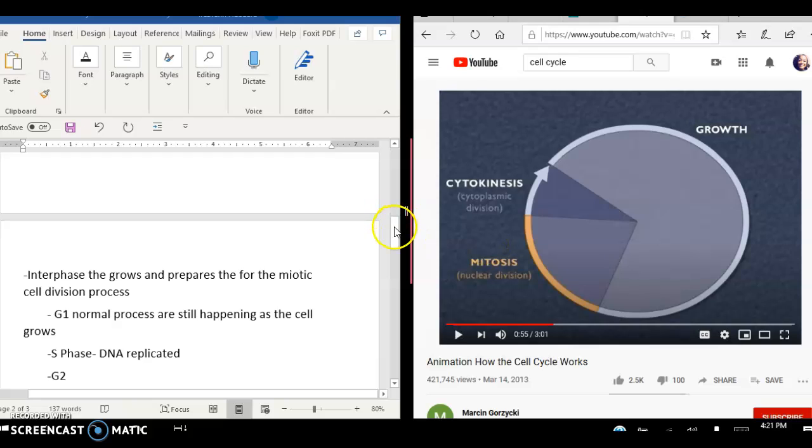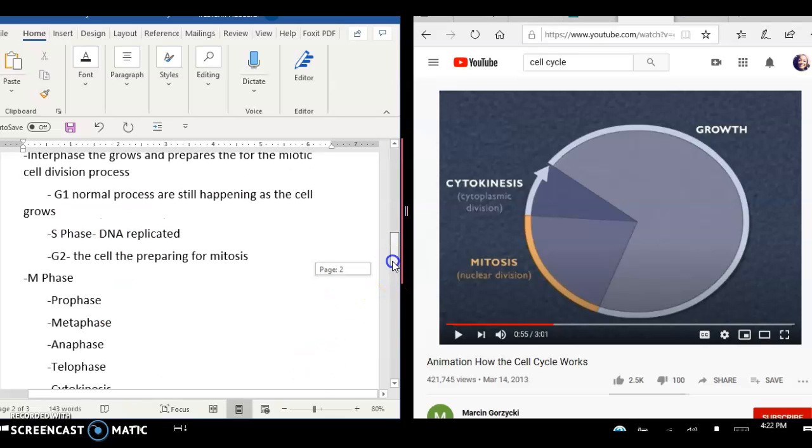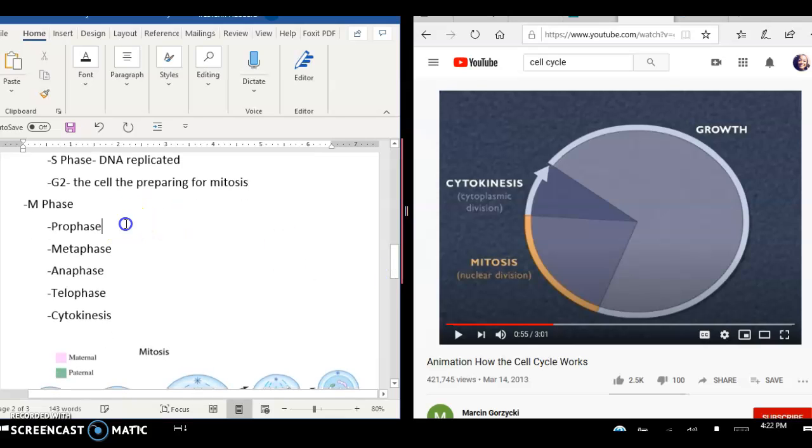So during G2 phase, the cell is still preparing for the mitosis or the nuclear division. The cell spends the longest amount of time in the preparation phase of the cell cycle. So I just wanted to make that clear.